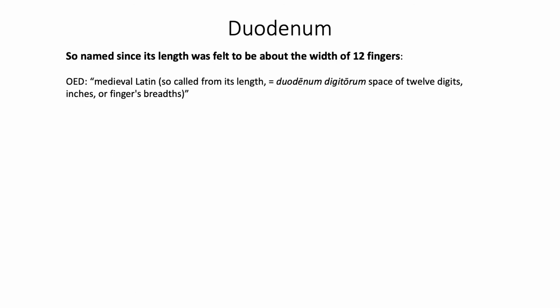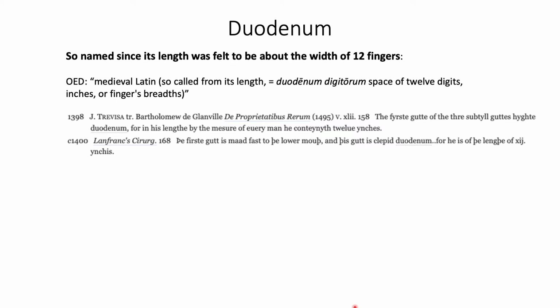The duodenum is so named because its length was felt to be 12 finger breadths wide, and you see from the OED that that's what the derivation is. And in the medieval ages, it was already being used to describe the structure in terms of its length. And here they use inches, which is why I jokingly referred to the duodenum as the foot of the intestines.